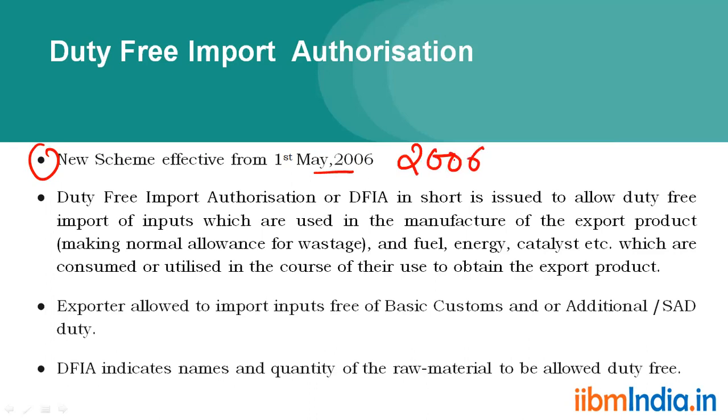Duty-free import authorization, or DFIA in short, is issued to allow duty-free import of inputs which are used in the manufacture of the export product, making normal allowance for wastage and fuel, energy, catalyst, etc., which are consumed or utilized in the course of their use to obtain the export products.